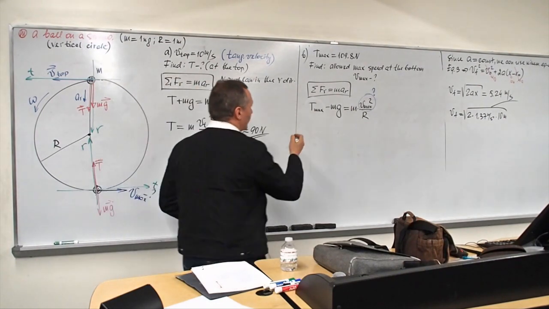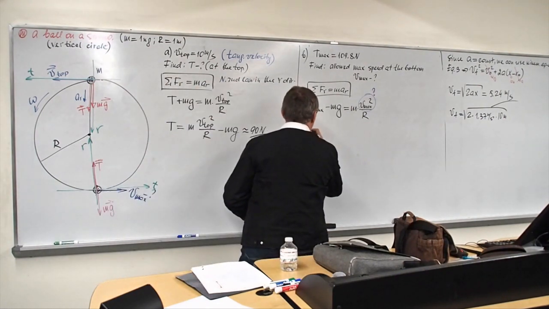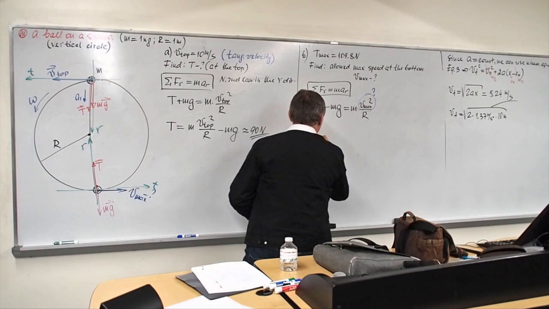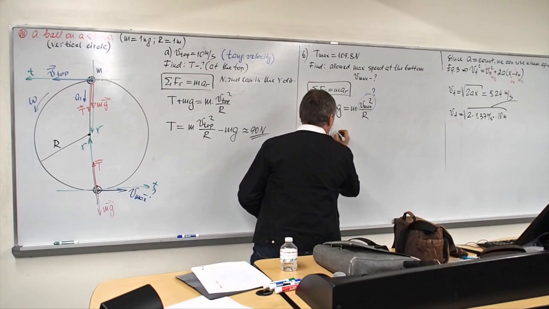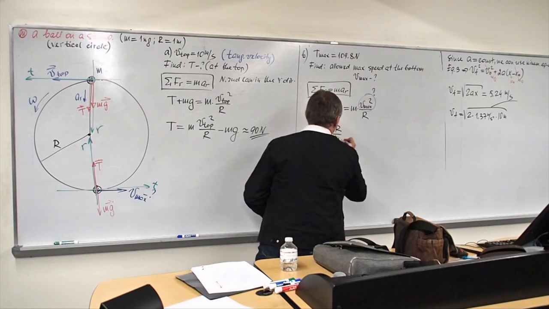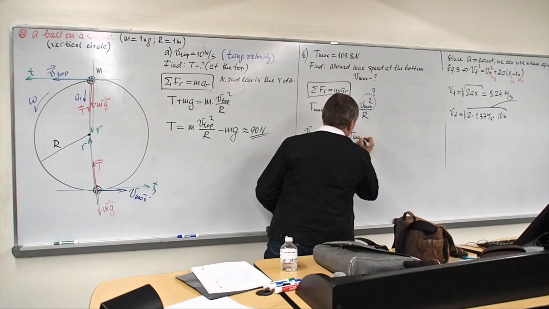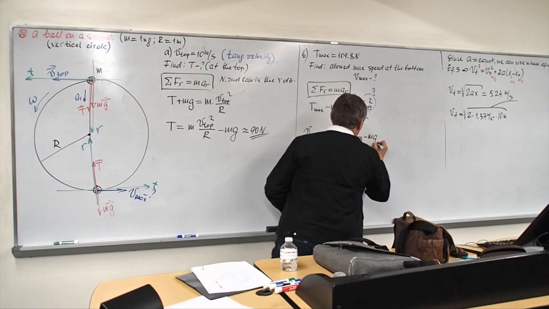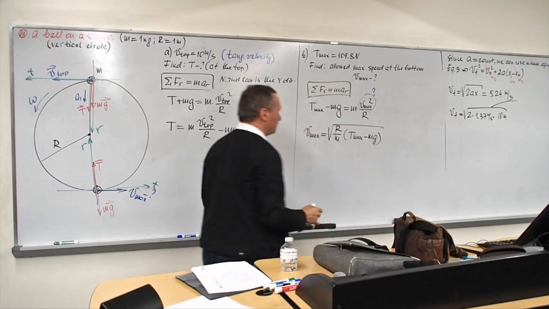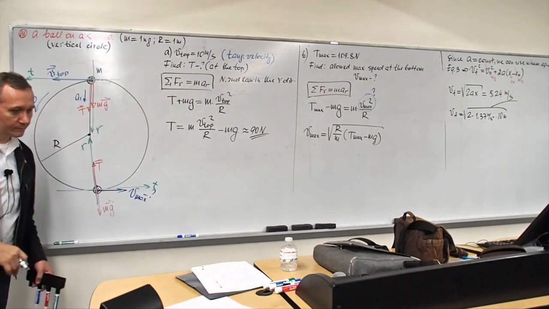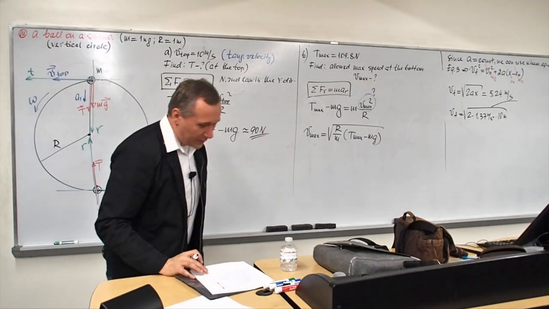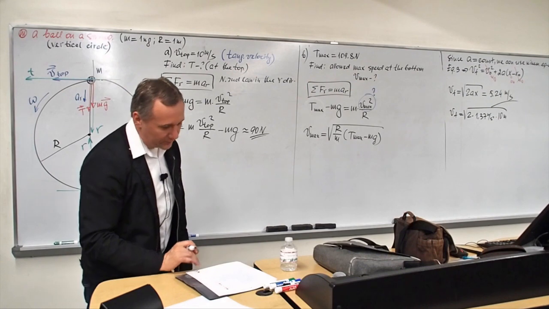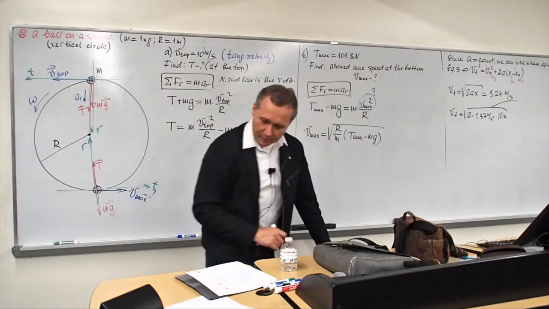Okay. So now let's solve it. So V max equals the square root of R over M times T max minus mg. So you will plug in numbers and you will get what again?